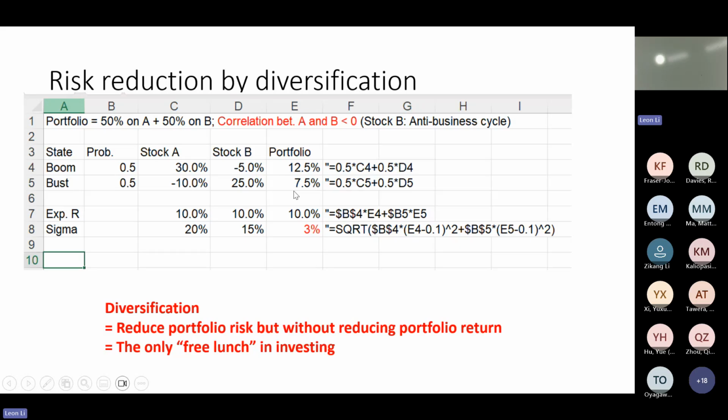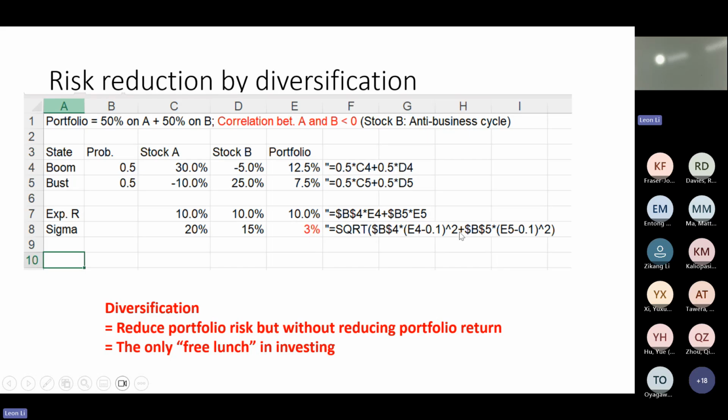Then for the bust state, again, the portfolio return. Next, we calculate the expected return of the portfolio. Finally, the standard deviation of the portfolio.